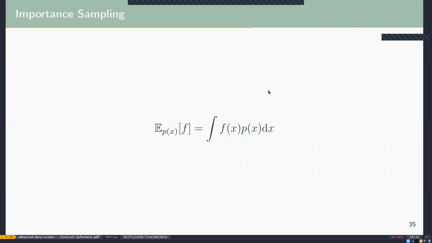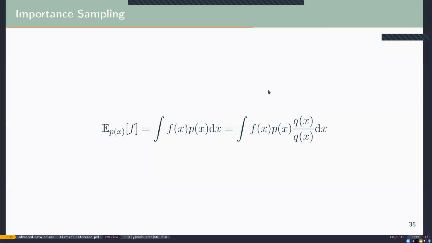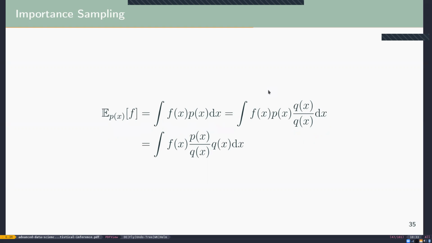So what you do now is that this is the thing that we want to compute. Remember, P of X, we don't necessarily have, we can evaluate it. What we can do is add another distribution, in this case Q, to this expectation. It doesn't do anything. And then we can rewrite this like this instead.